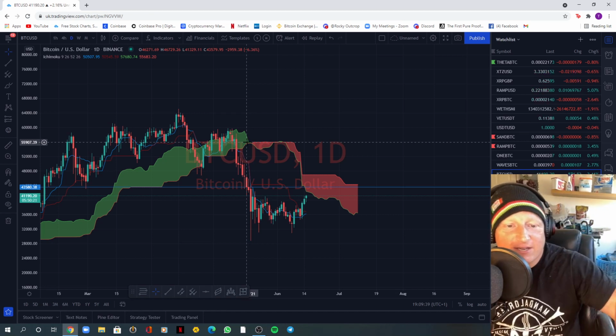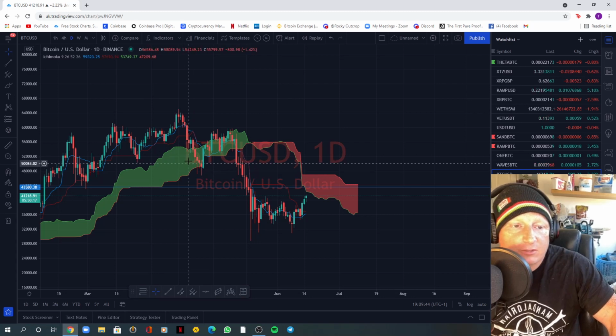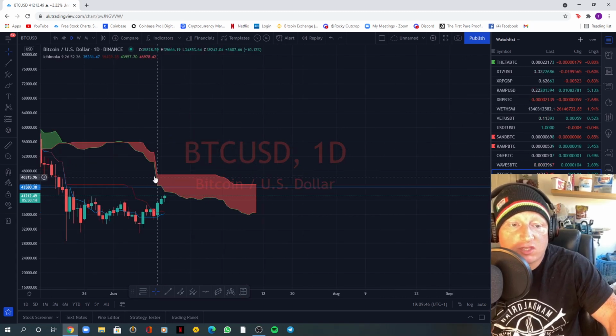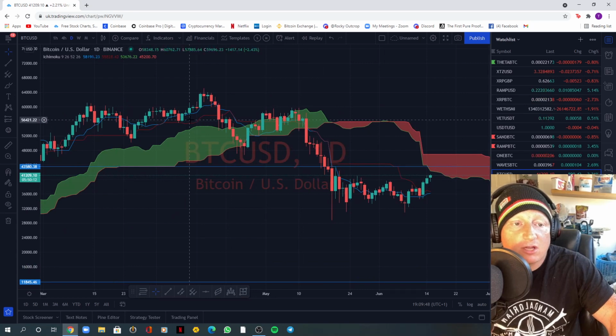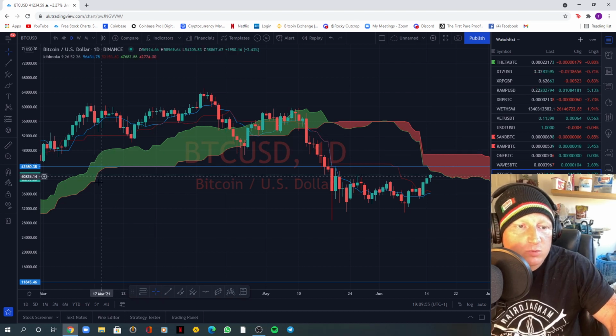Think of a word for me and put it in the comments. So that we can see the top and the bottom of the cloud, which allows us room to see quite clearly that we've now got 2 lines that we need to worry about, the Tenkan and the Kijun. That's what we're looking at today.